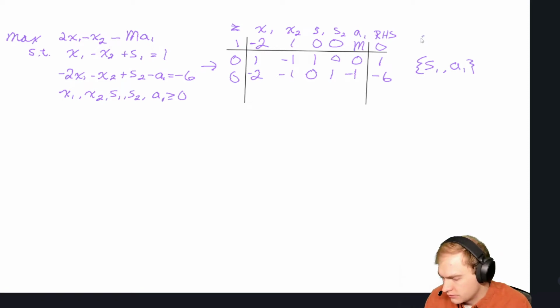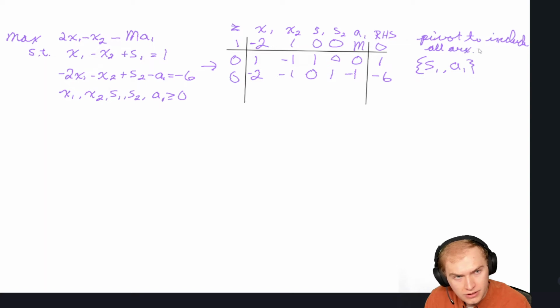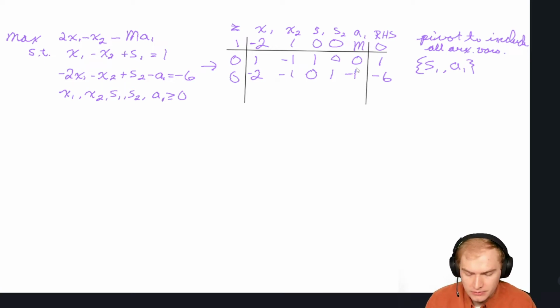So pivot to include all auxiliary variables, which means that we are pivoting on this entry because we want A1 in and S2 out.